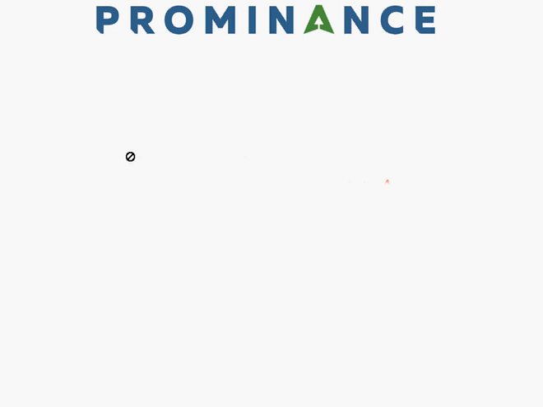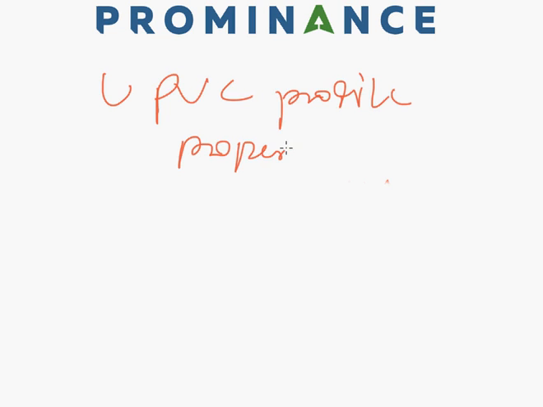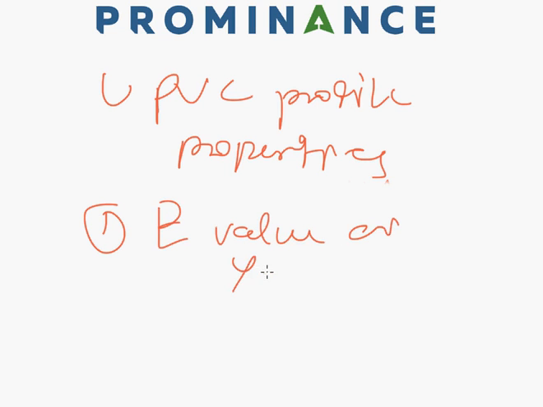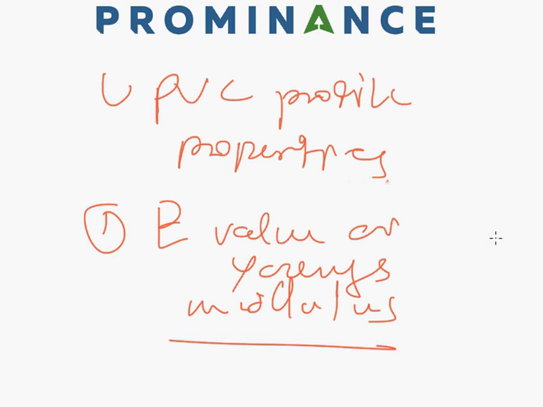So when it comes to UPVC profile properties, the most important part is the E value or Young's modulus, which plays a very crucial role in the strain aspect from the wind load and the bending as well as the flexural strength perspective.